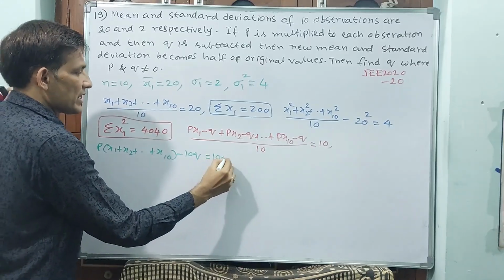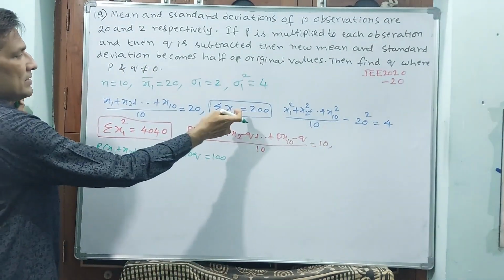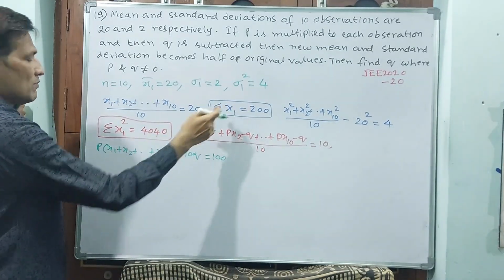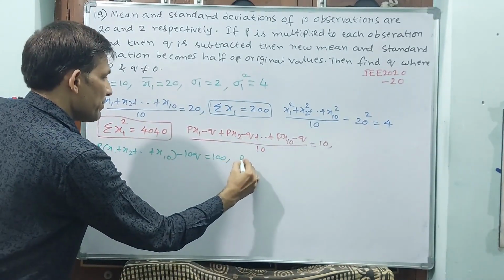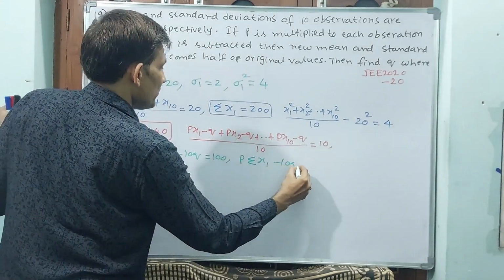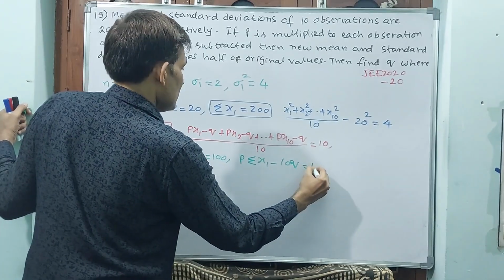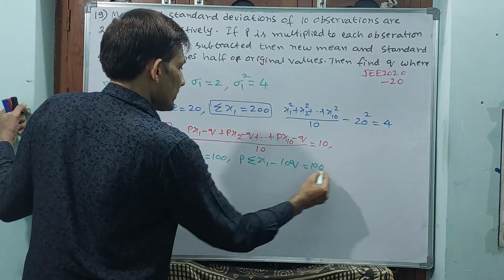That is equal to 100, 10 into 10. What is this x1, x2 up to x10? This is sigma x1. That means P sigma x1 minus 10Q is equal to 100.